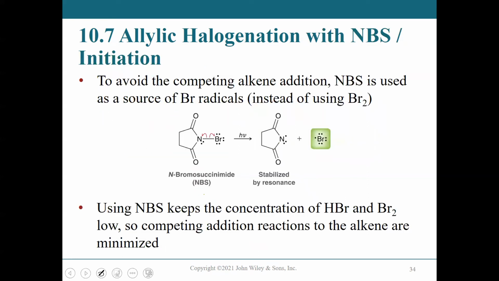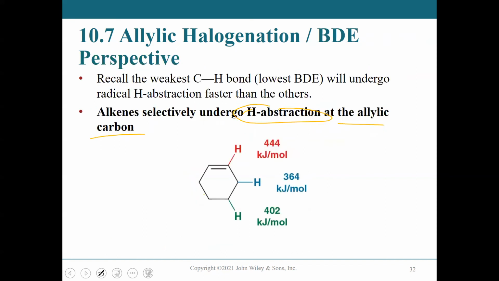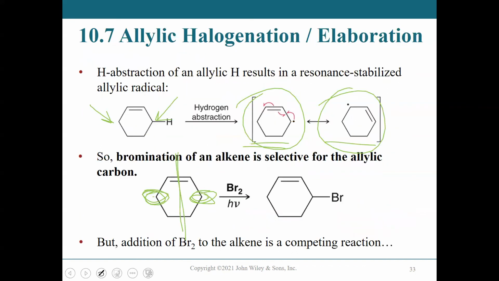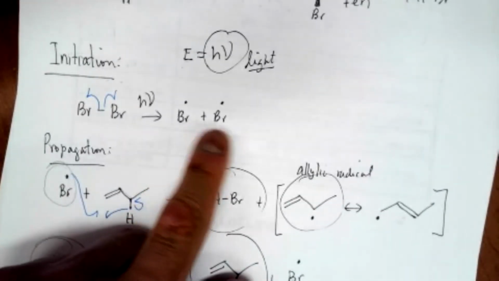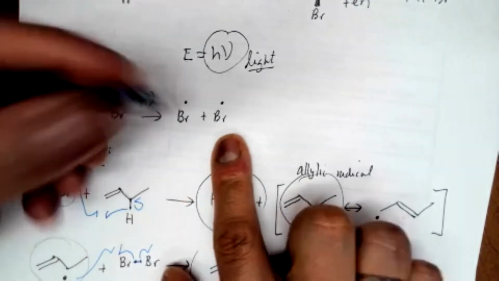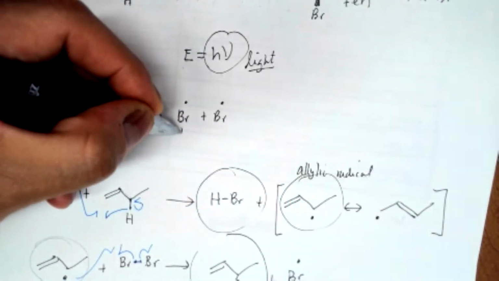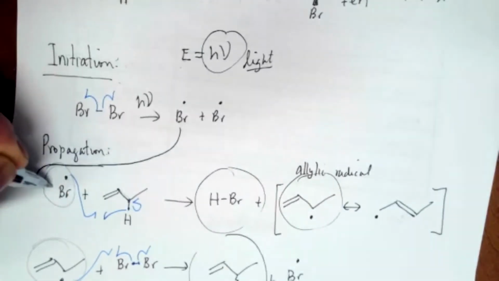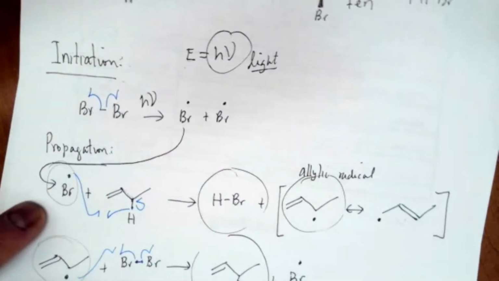Great. Now, to avoid competing alkene reactions, what is that competition? I'll open my camera right now again. Remember this particular part, this one, my initiation, where I break it into two bromines, right? The fate of this bromine is going to this propagation, right? So that is where it goes.